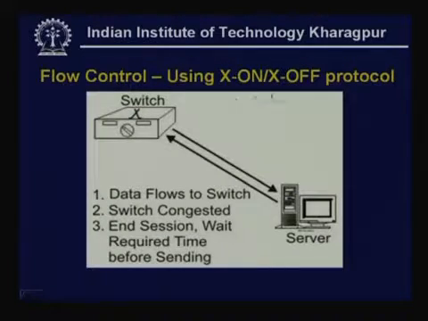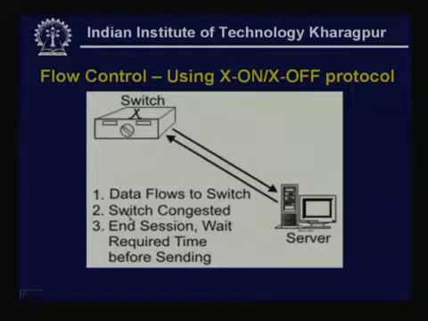For example, this is the XON XOFF protocol. This is the switch and this is the server. Suppose the server is sending at a very high speed. Data is going to the switch, and then unfortunately the switch is not able to transfer data. That means it is buffering the packets, but the other stations connected to it are not able to receive at that rate. So, the switch is getting congested.